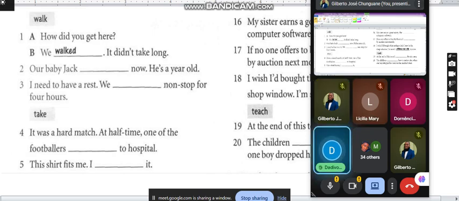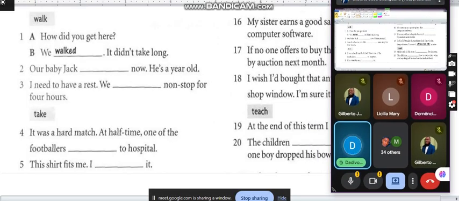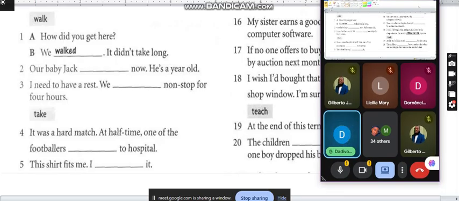Good afternoon, lecturer. Good afternoon, colleagues. In number two, in fact, she's right. I don't see it differently, but I have something to add. It is present continuous. Why?